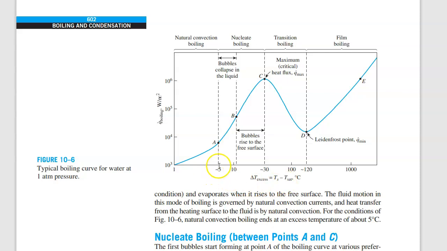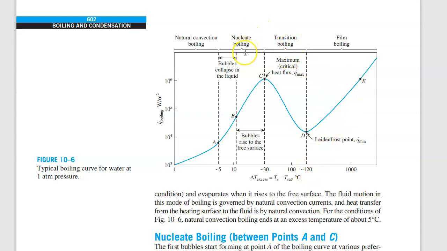If it is between 1 and 5, it is natural convection boiling. If it is between 5 and 30, it is nucleate boiling, and 30 and above up to 120, it is transition boiling, and above 120 means it is film boiling.